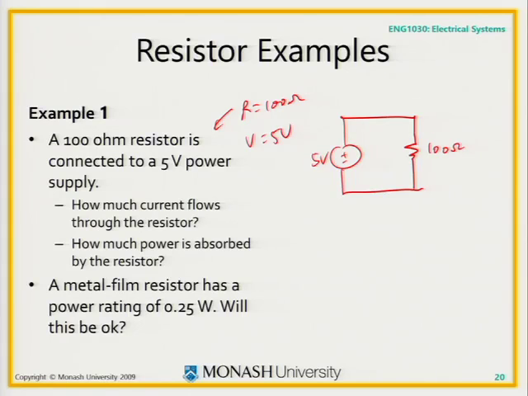Then how much current flows through the resistor? Here you've got 5 volts and you've got current coming this way. So what is I equal to? That's the question. How do we find the current that flows through the resistor? Well, we know from Ohm's law that V equals IR.